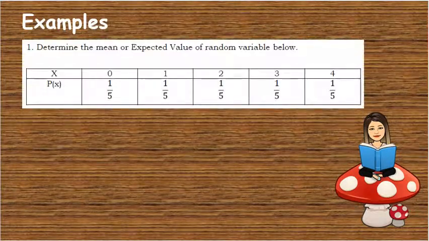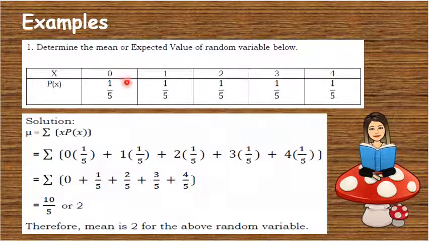Examples. Number 1. Determine the mean or expected value of the random variable below. Below is the probability distribution table that we are going to use to determine the mean or the expected value. For our solution, since we want to determine the mean, we will use this formula.